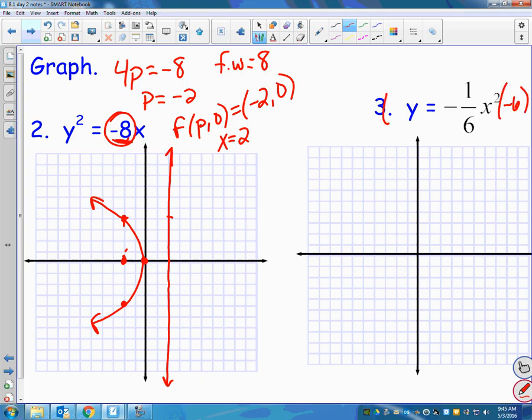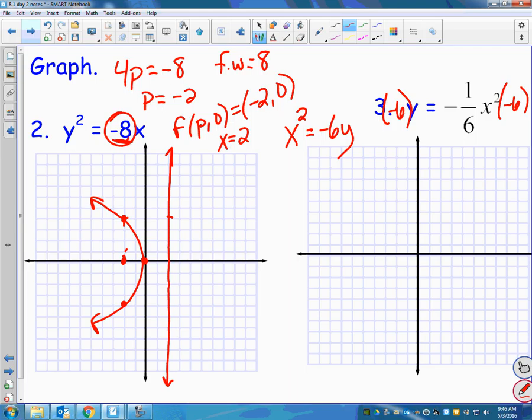So if I multiply both sides by -6, then I'm going to get x squared equals -6y. So you always want the squared one by itself. You could divide by -1/6, but doing the reciprocal is just easier. So again, get it in the right form.